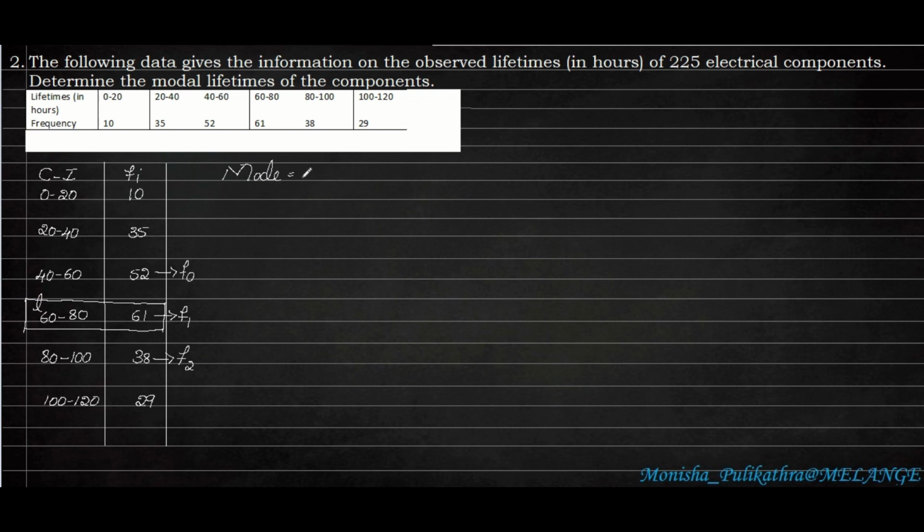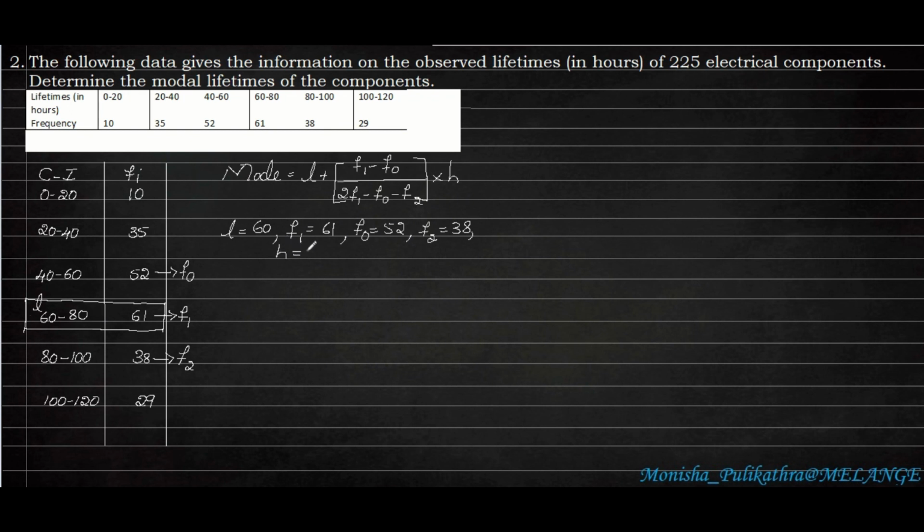So mode is equal to L plus (F1 minus F0) divided by (2F1 minus F0 minus F2) into class size H. Here L is 60, the lower limit. F1 is equal to 61 and F0 is 52. F2 is 38.